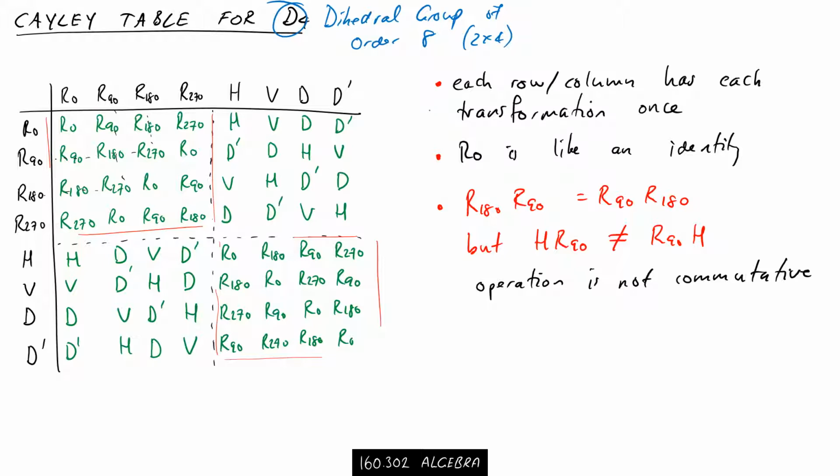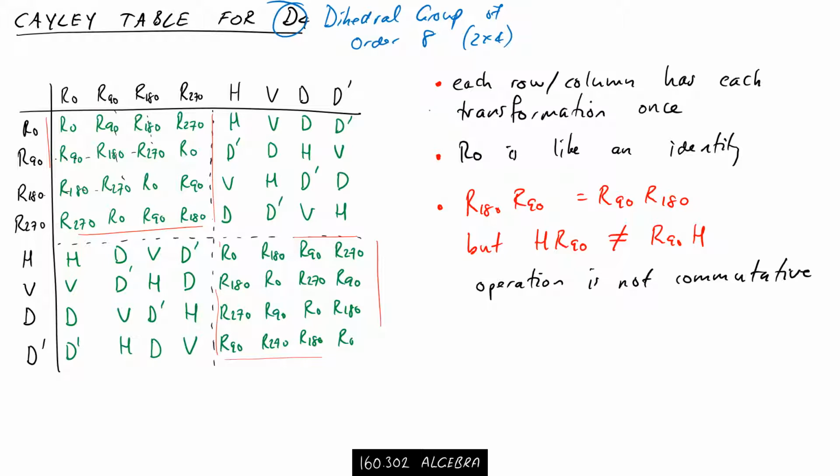Now, if this R0 is like a do-nothing operation, I wonder if the notion of inverses from matrices also follows through here. If you think about matrices, if you multiply two matrices together and get the identity, we say that one is the inverse of the other. Does the same thing work here?